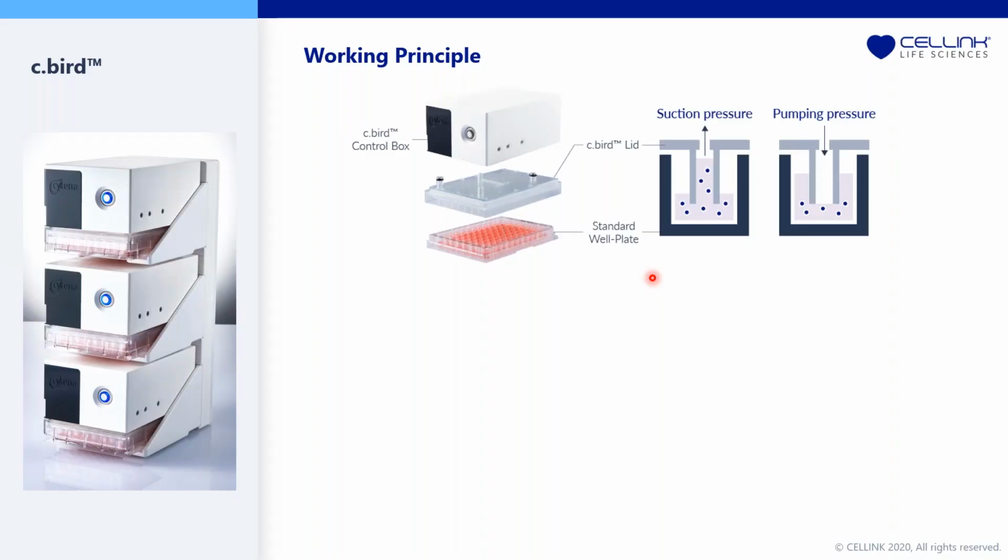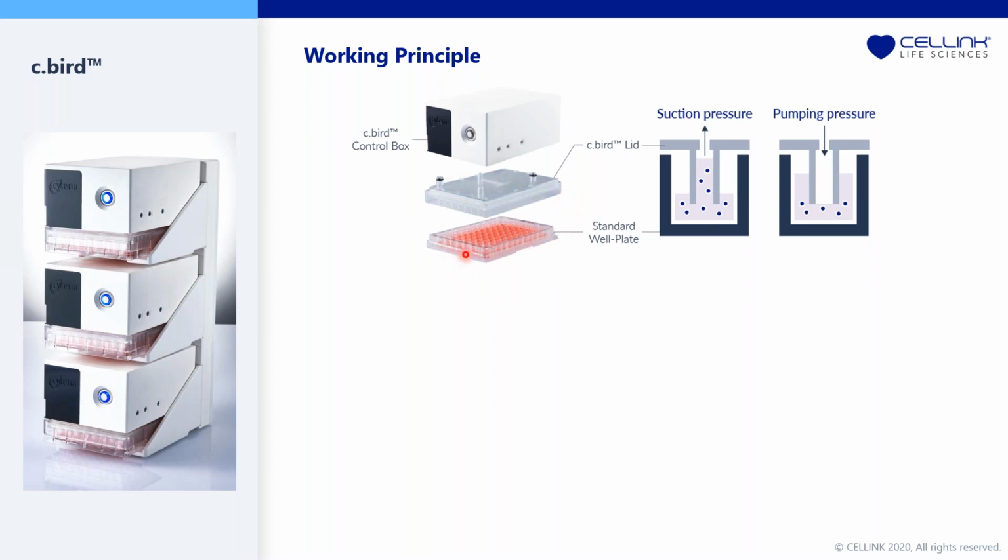And one CBARD system consists of a docking station and 3 control units, which can operate 3 96 and 24 well plates. And the CBARD working principle is quite simple as well. There's a CBARD lid which can fit with a standard 96 well plate.